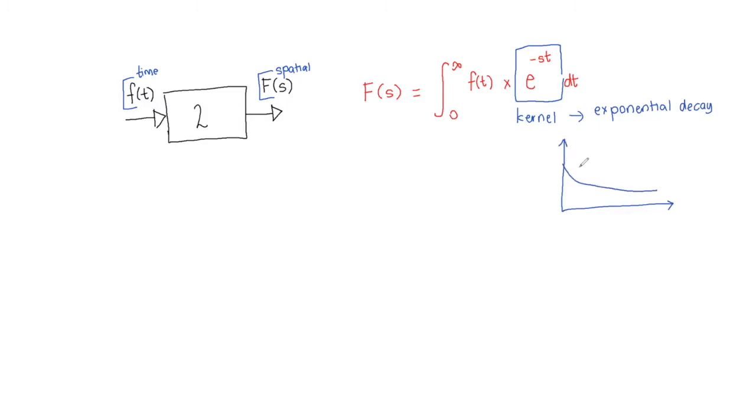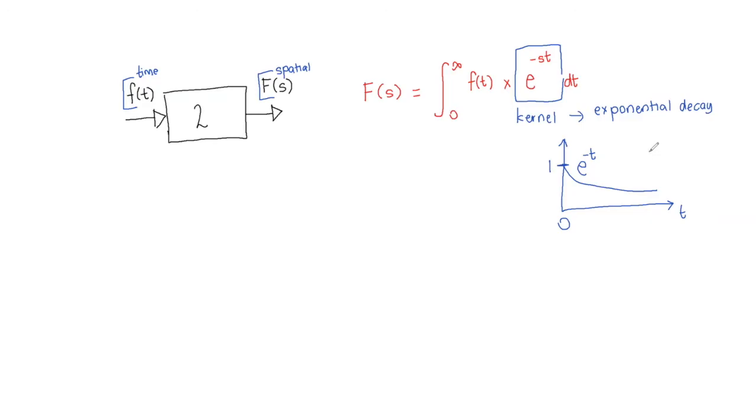This is an example of exponential decay, e to the power of minus t. Let's say we take the general exponential decay function. So when t is at time 0, the exponential decay will cut the y-axis at 1.